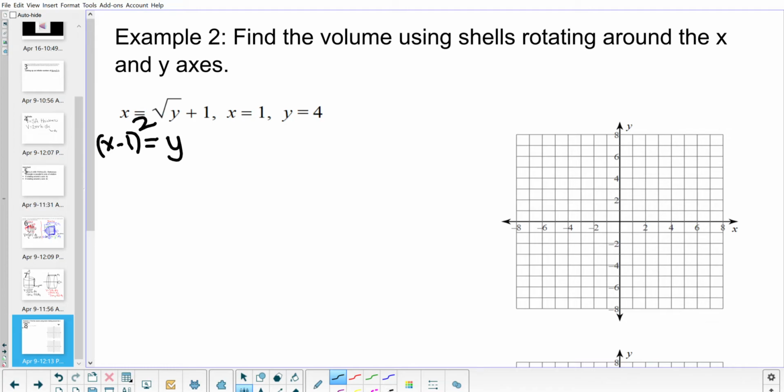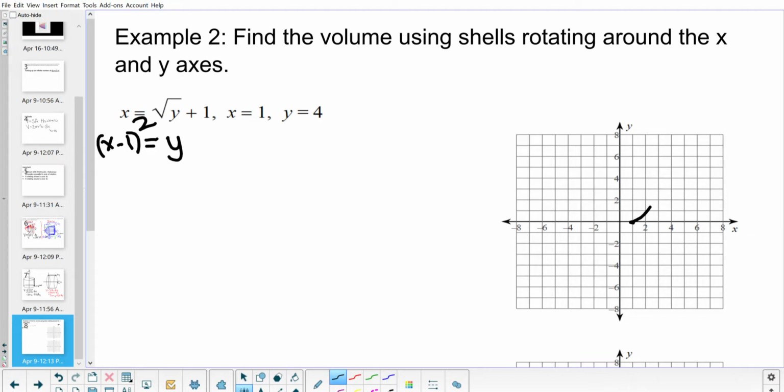So that's the parabola rotated 1 to the right. So it would be, where's my pen? Sometimes it freezes.